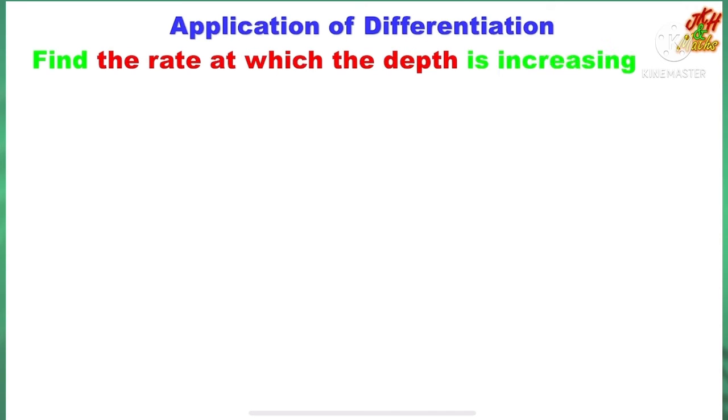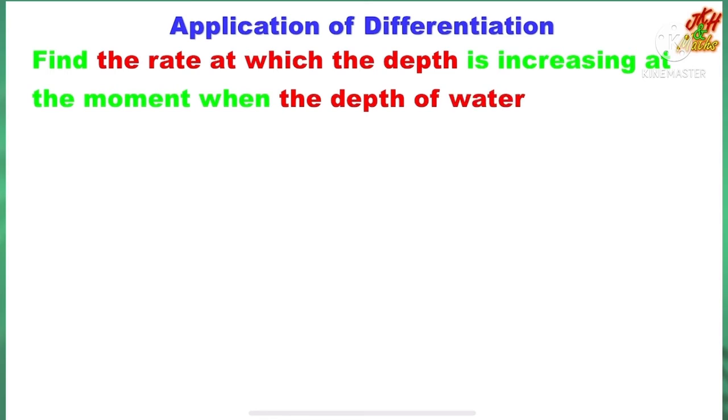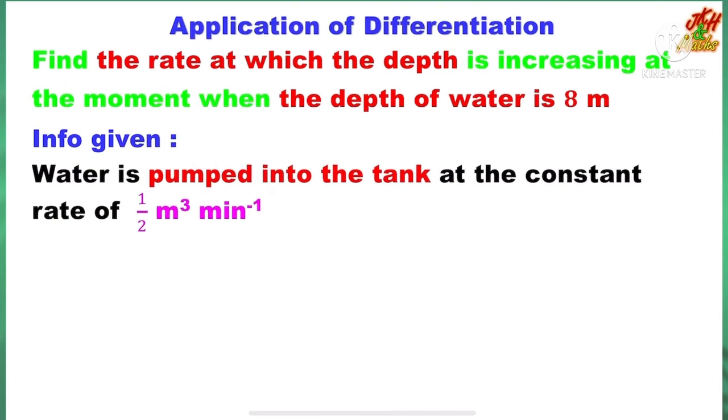Now, second question: find the rate at which the depth is increasing at the moment when the depth of water is 8 meters. Info given: water is pumped into the tank at a constant rate of 1/2 meter cube per minute.